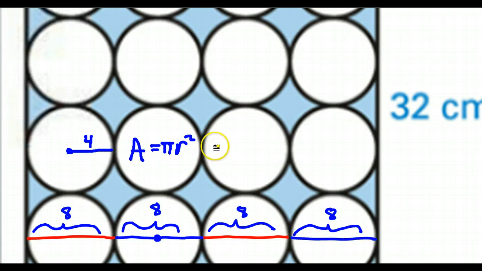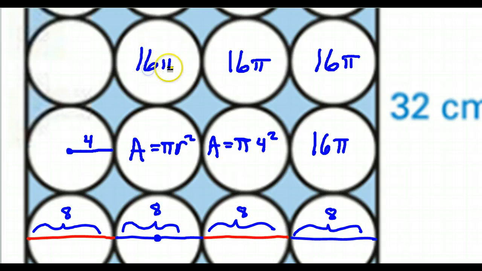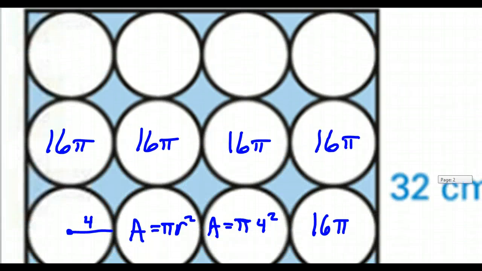So the area is going to be pi times 4 squared, because that's the radius. 4 squared is 16, so 16 pi. Is that going to be the area of one of these circles? Yes, it is. So each of these circles has an area of 16 pi. I'm not going to write this on all of them, I'm just making a point. Every single one of these circles has an area of 16 pi.